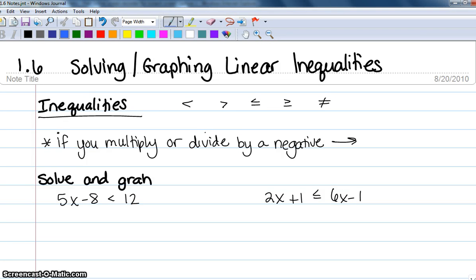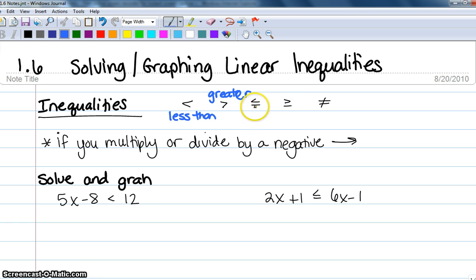Alright, today we are going to talk about Chapter 1, Section 6, which is solving and graphing linear inequalities. What we're going to do is really quickly review information about inequalities that you should remember, knowing that this is a less than sign, this is a greater than sign, this is less than or equal to, greater than or equal to.